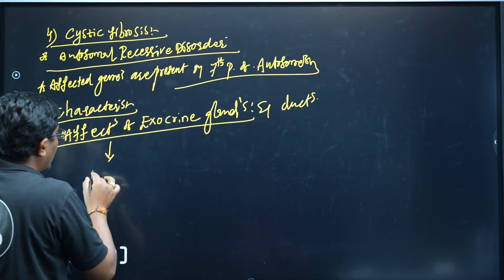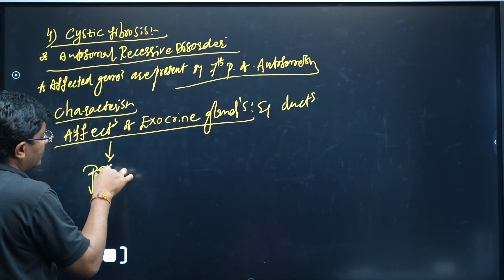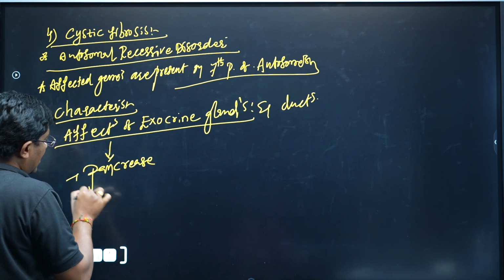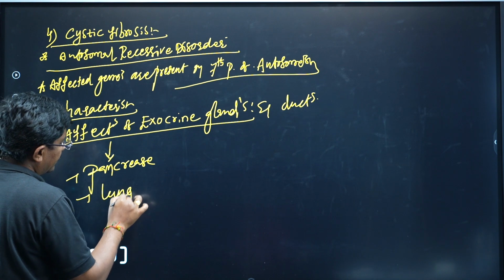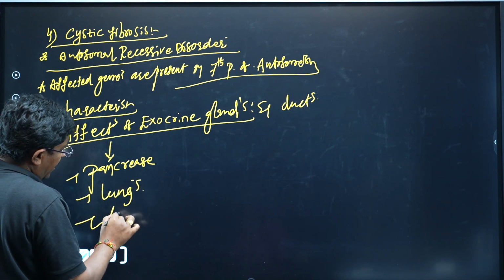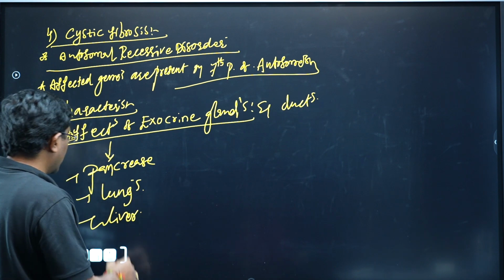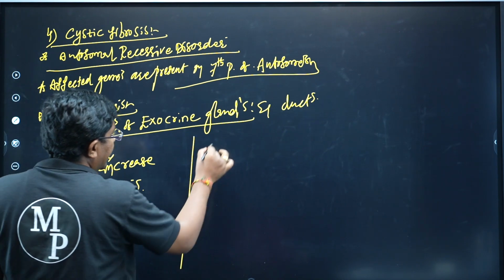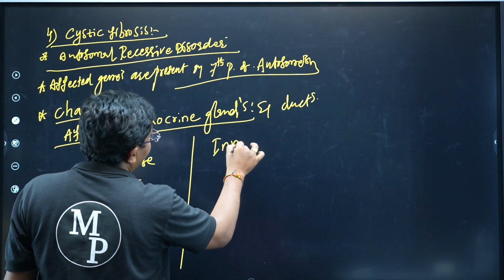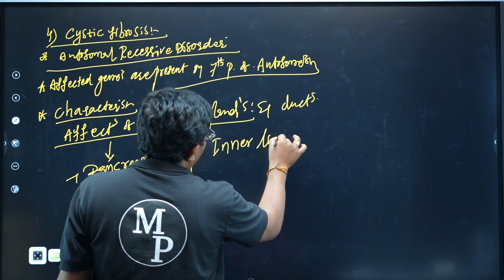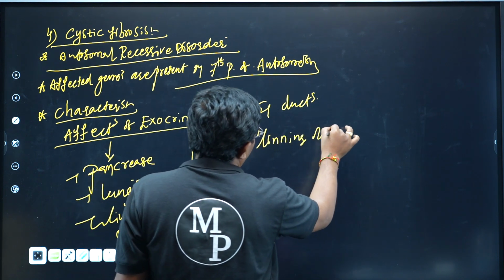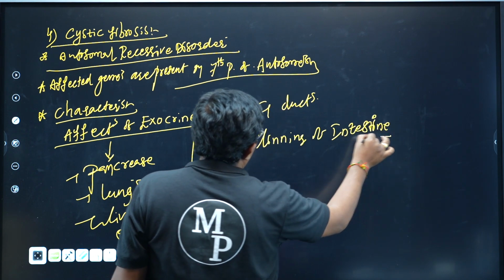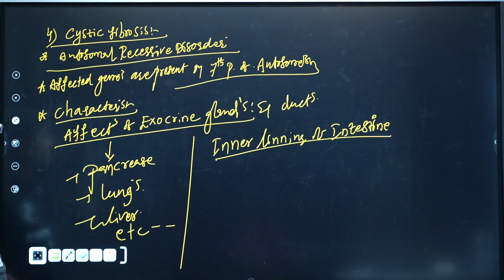Along with this, the pancreas, lungs, and liver are affected. The pancreas and the intestine, the inner lining of the intestine.